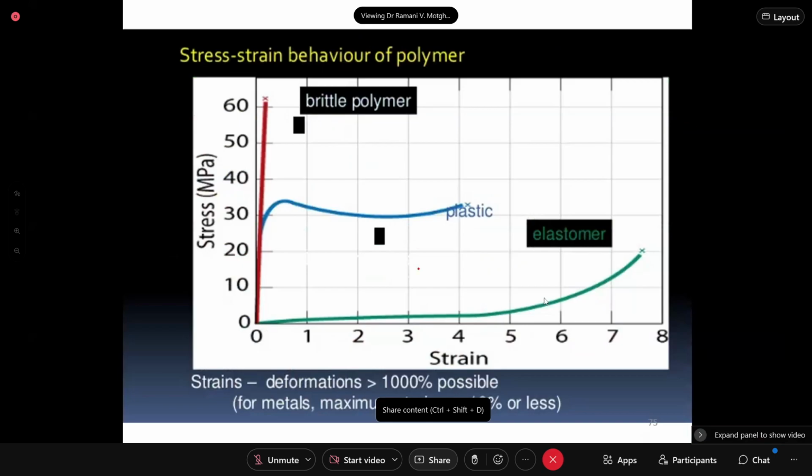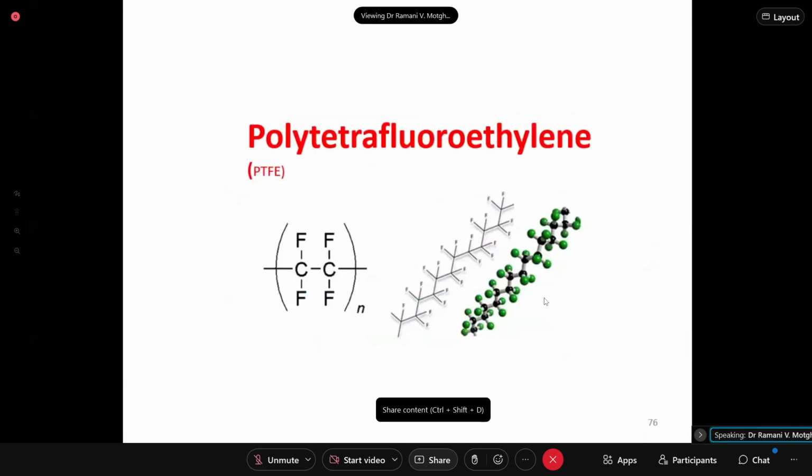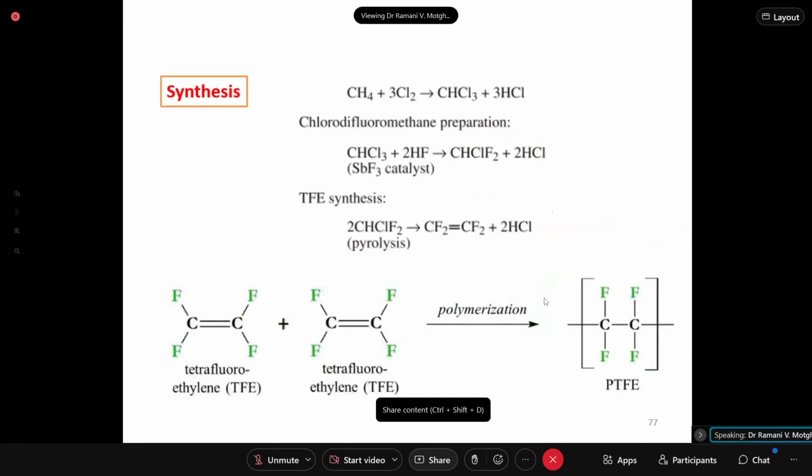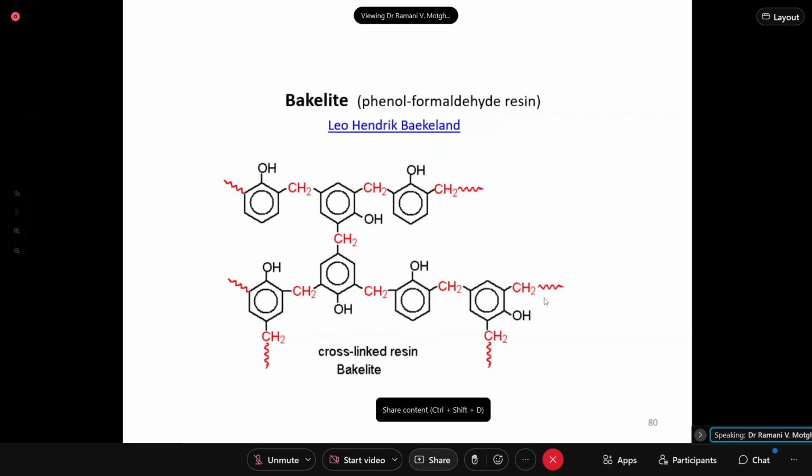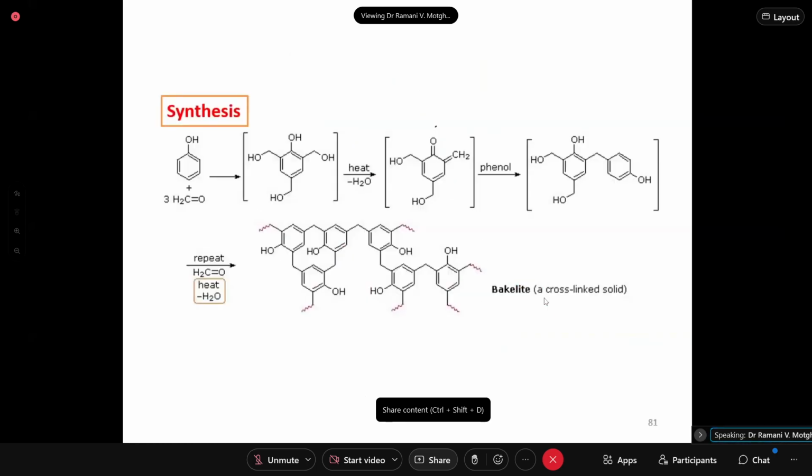Same thing, stress strain behavior of polymer. Then polytetrafluoroethylene. I think you wrote a nice assignment on this. These are the properties of Teflon. Then coming to Bakelite, that is made from phenol and formaldehyde. This is the phenol part.